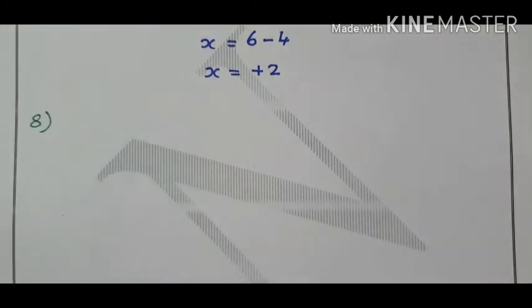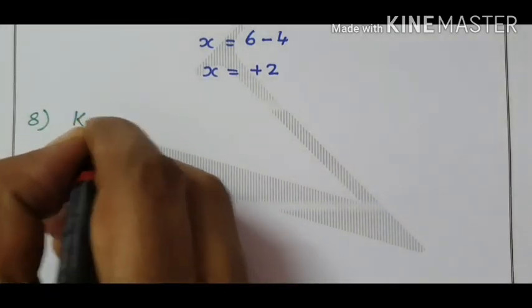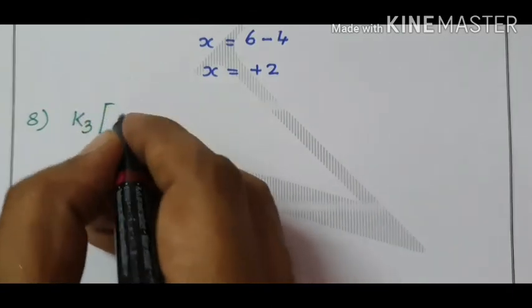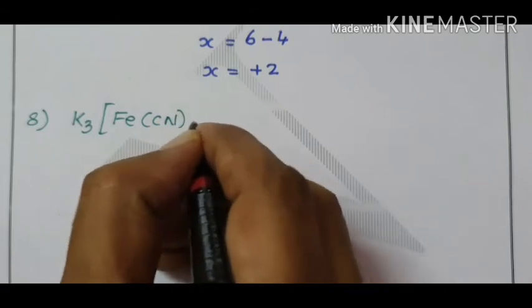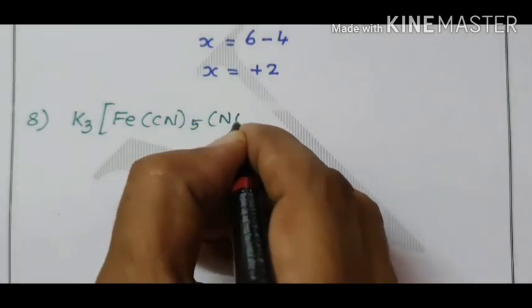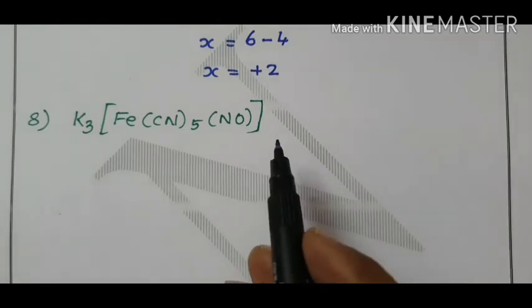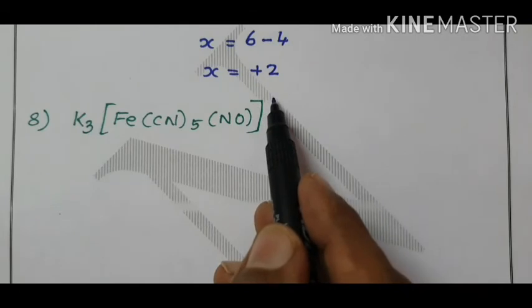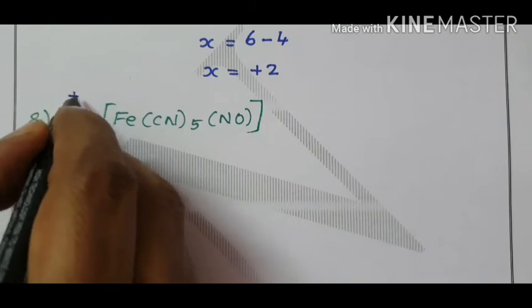Now come to compound number 8. The given compound is K3[Fe(CN)5NO]. To determine the oxidation state of iron in this complex, first we should calculate the charge on the coordination sphere. 1 potassium is 1 plus, 3 potassium is 3 plus.